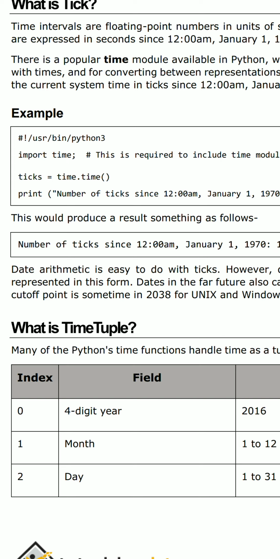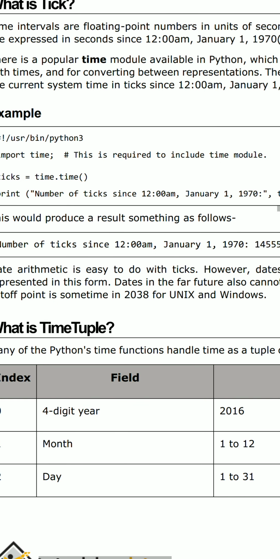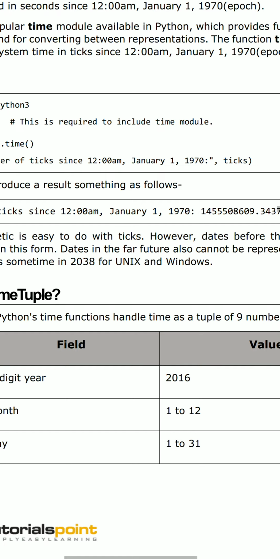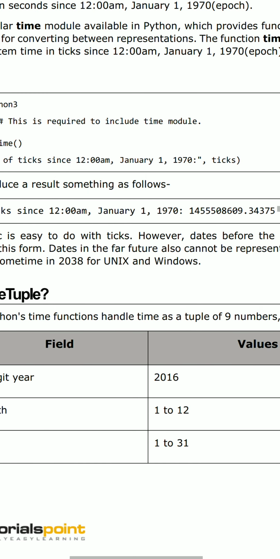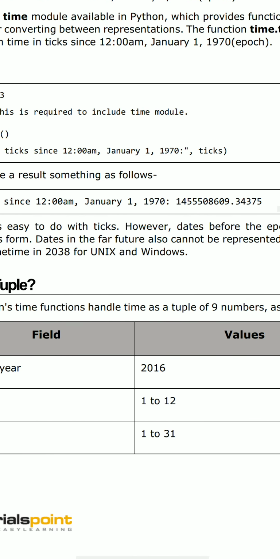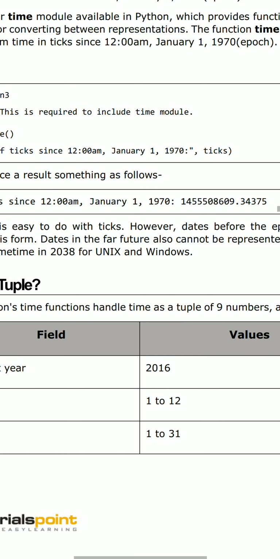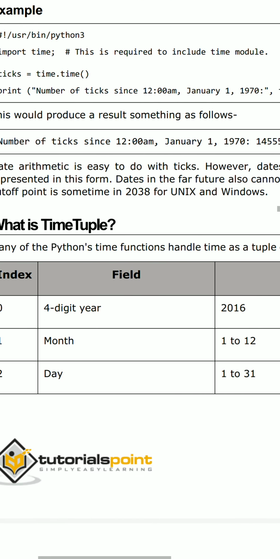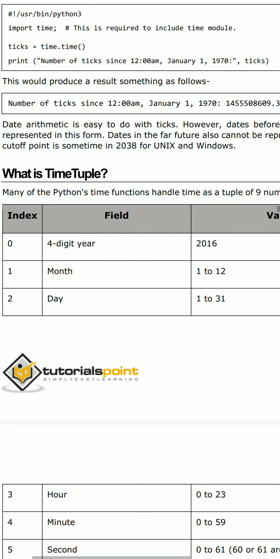I want the number of ticks that have happened since 12 a.m. January 1, 1970. As soon as I execute the program, I get the following result: 14,558,609.34375 ticks have happened so far. So this is about ticks in time.